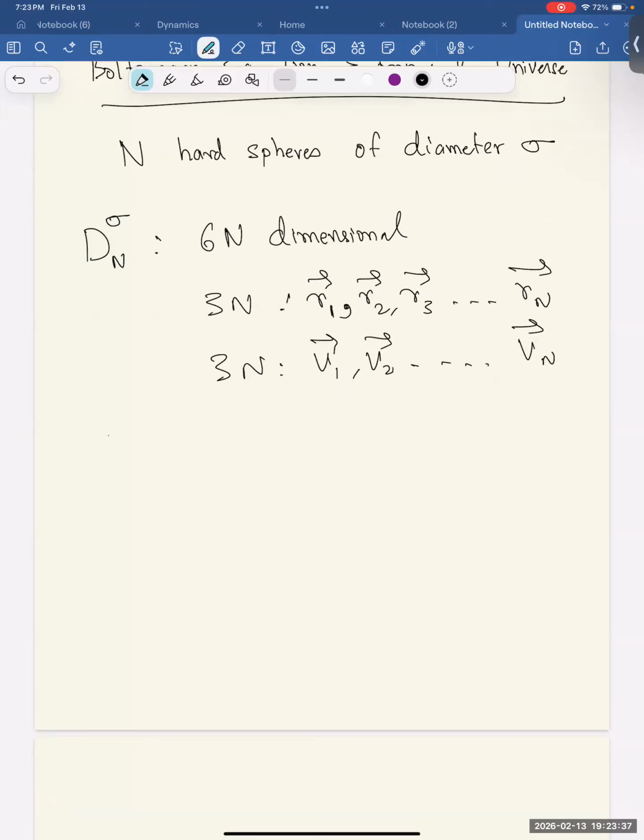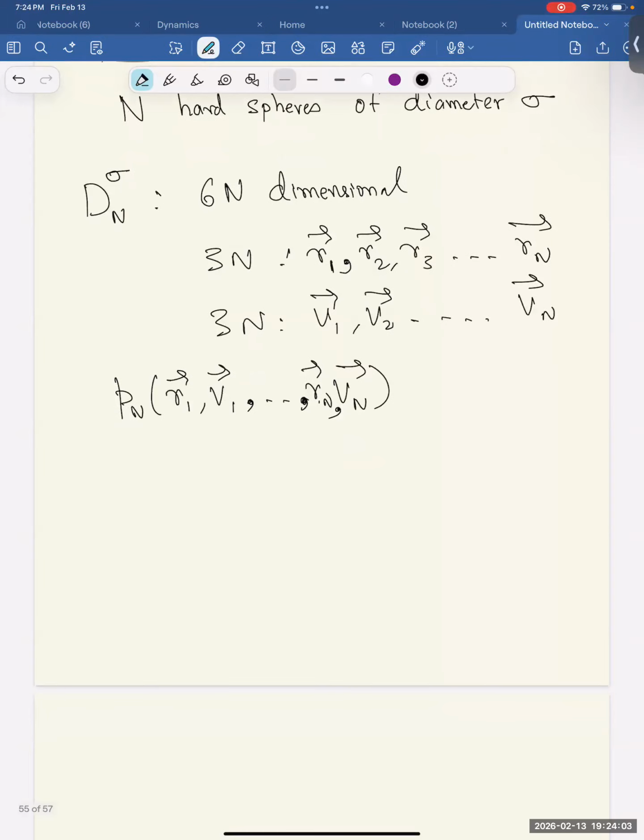And then we defined a probability density Pn over this 6n-dimensional phase space, R1, V1 all the way up to Rn, Vn. So this is the joint probability density over that 6n-dimensional phase space.